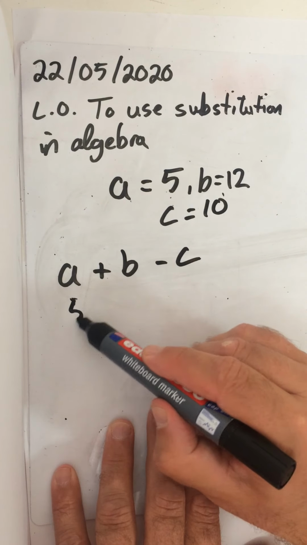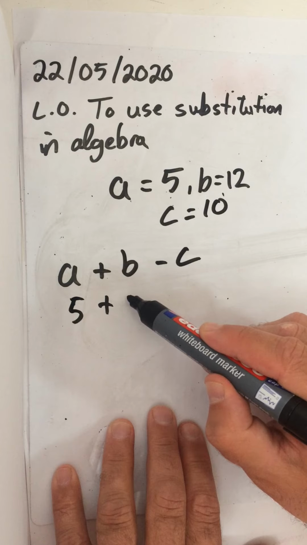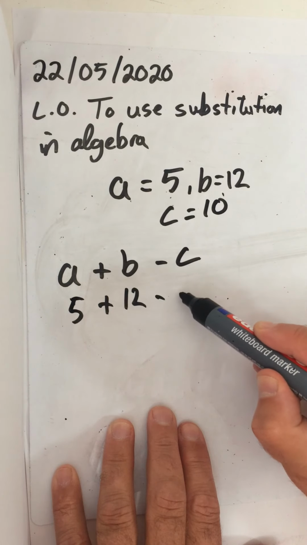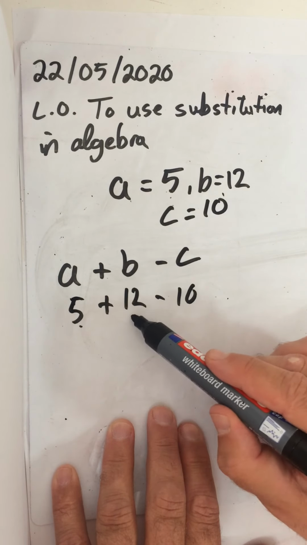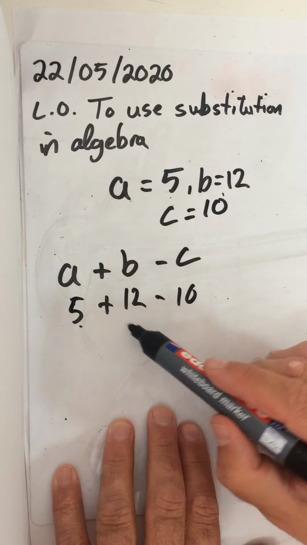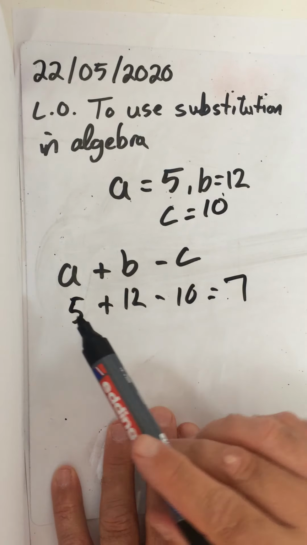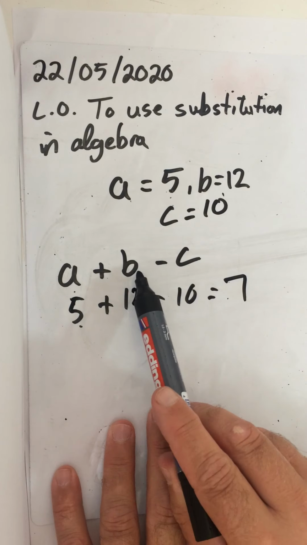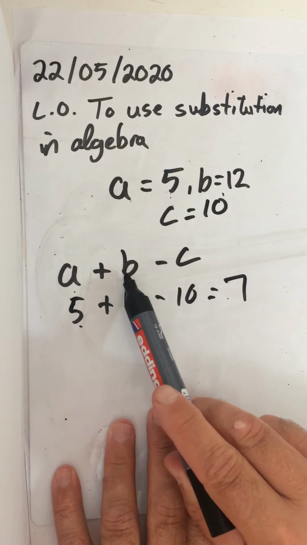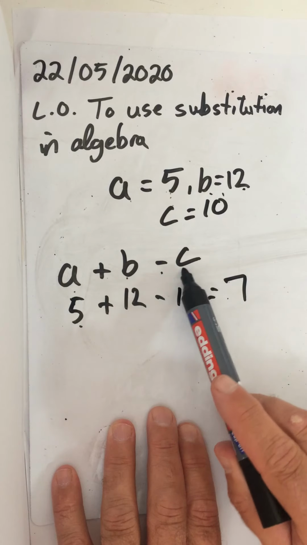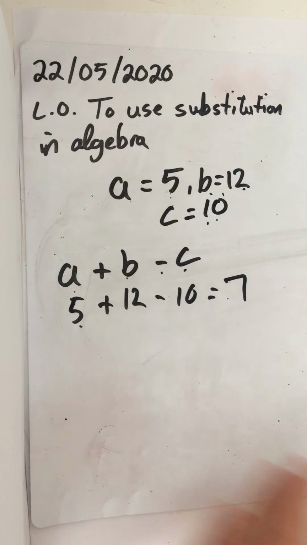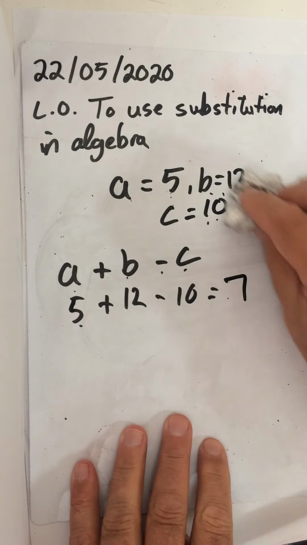So a is 5 plus b, which is 12, take away 10. 5 plus 12 is 17, take away 10 is 7. So we are substituting 5 plus 12, take away 10, isn't it? Okay, so you're substituting the letter for the value. You're given the value on these ones.